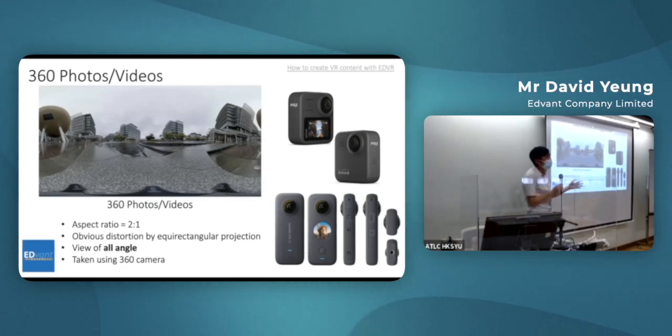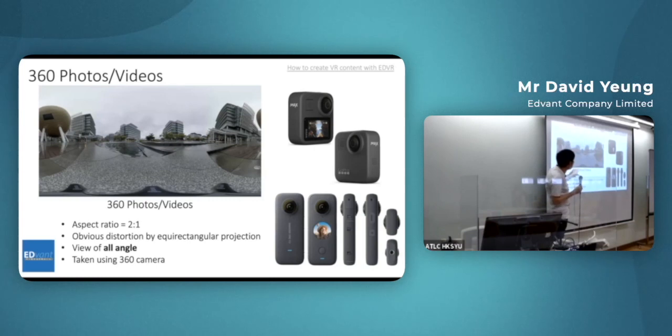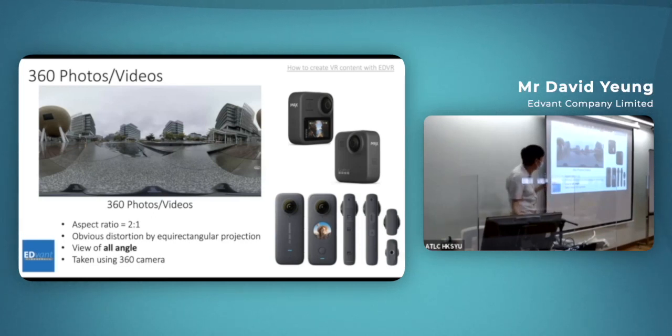This is kind of like turning the globe into a world map. The poles are more distorted. However, this distortion means that we can see the image from all angles, back and forth, bottom and below, 360 angles. And usually this is taken using a 360 camera.